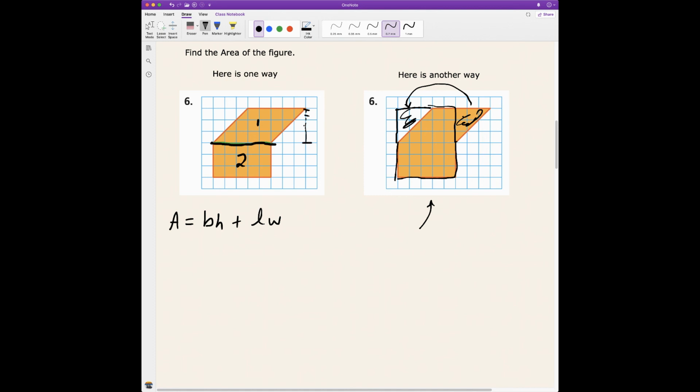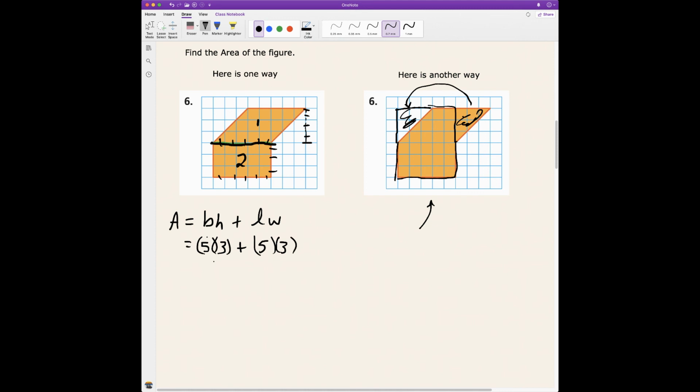That looks like 1, 2, 3 units. And the base of my parallelogram is 1, 2, 3, 4, 5 units. So 5 times 3 plus the length of the rectangle, 1, 2, 3, 4, 5 units, times the width, 1, 2, 3 units.